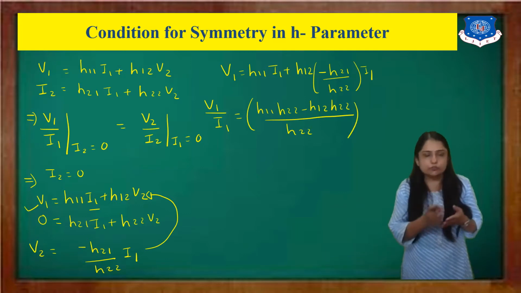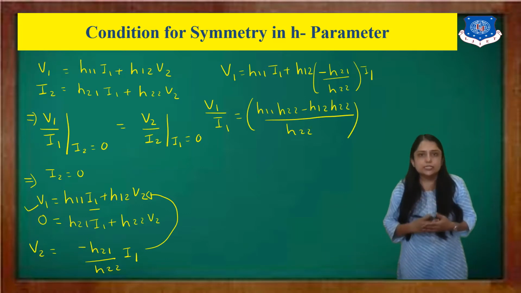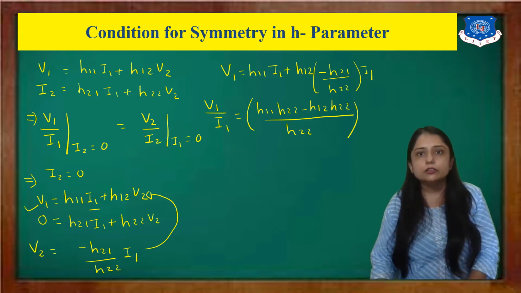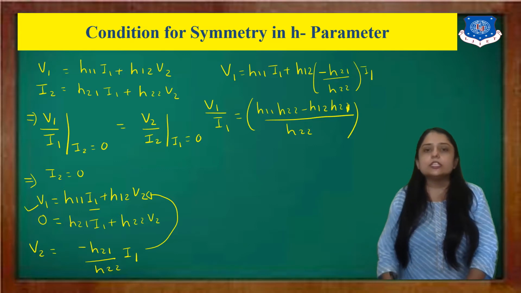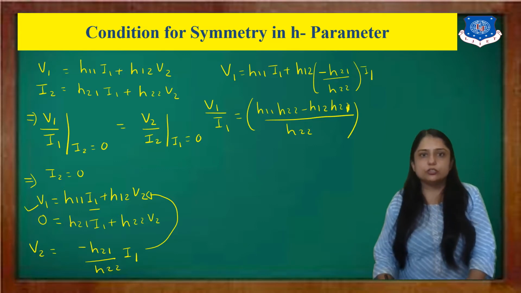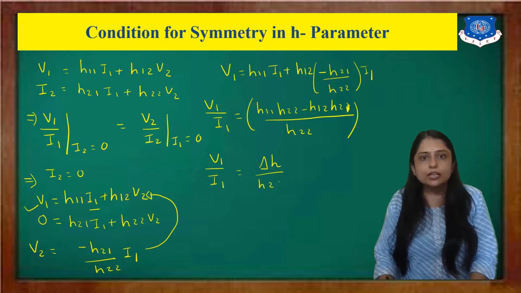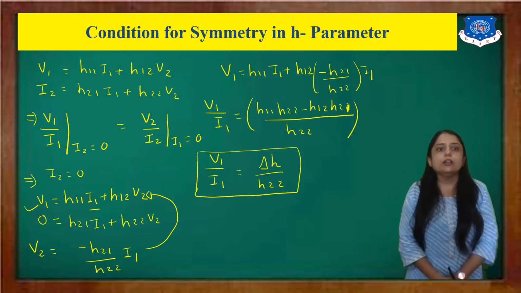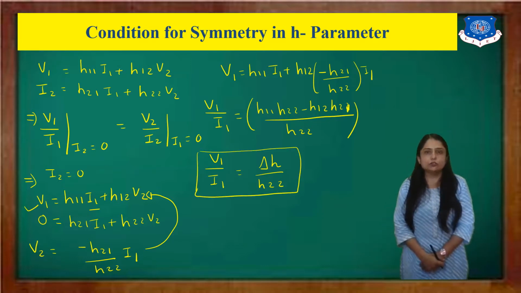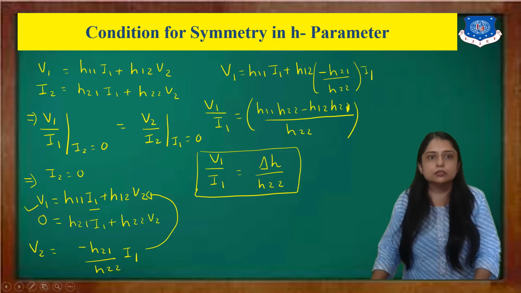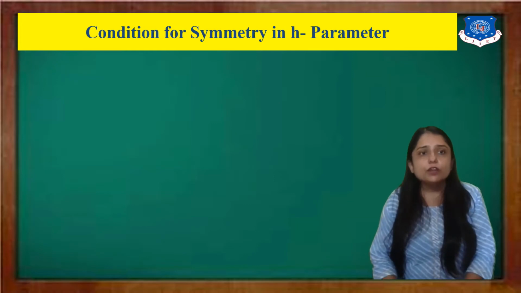Now we know that H11 into H22 minus H12 into H21 is delta H. So V1 by I1 that equal to delta H upon H22. This is the value of V1 by I1 when my I2 that equal to 0.